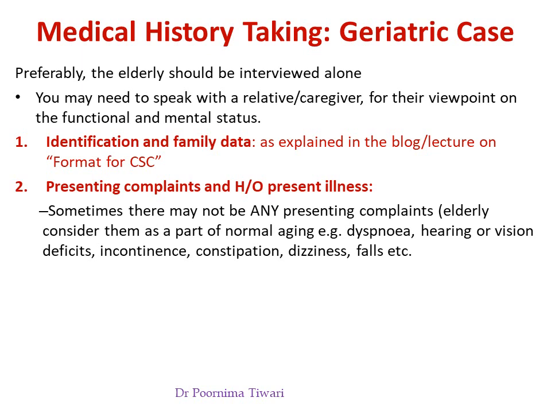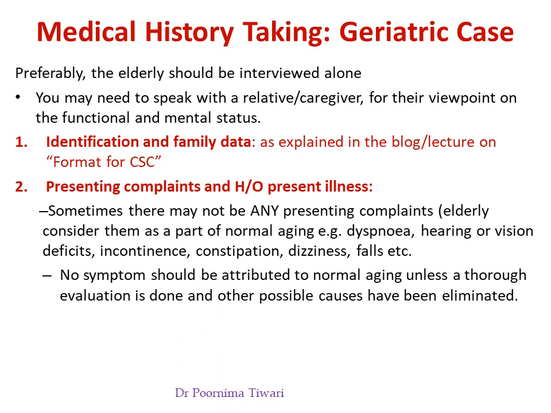For example, dyspnea, hearing loss, vision loss, urinary incontinence, constipation, falls, dizziness. So this is normal aging, so they will not say that we have any problem. But as far as we are concerned, no symptom should be attributed to just normal aging unless a thorough evaluation has been done and possible causes have been ruled out.